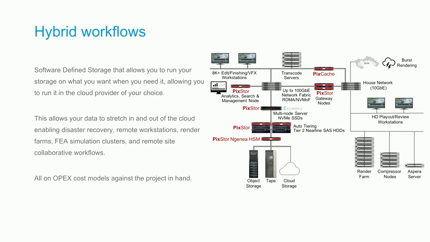So your storage can now seamlessly integrate from on-prem out into cloud storage archive solutions and allows you to actually use render farms that are either on-prem or in the cloud, a workstation on-prem or in the cloud, accessing your data wherever it might be, whether it is on-premise or in a cloud. So you are 2 milliseconds away from Amazon's now 2 becoming 3 data centers here in London. At that point, I can spin up a workstation in Amazon and mount your own storage on your own network.